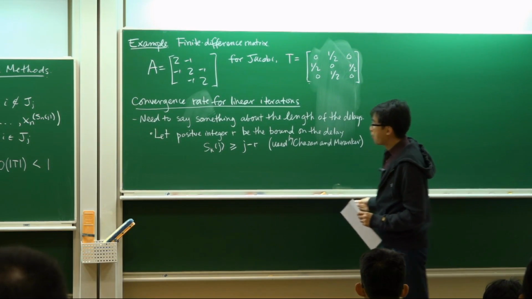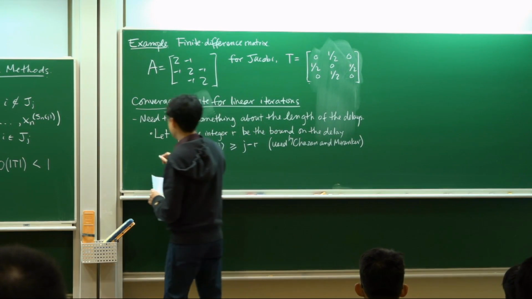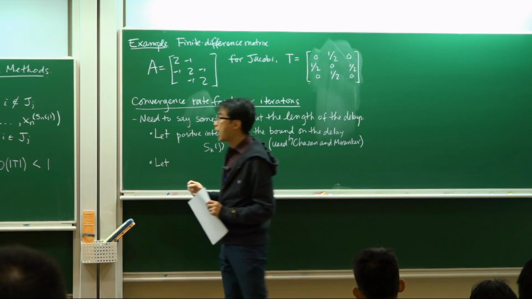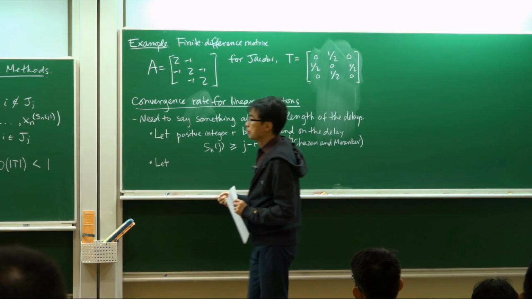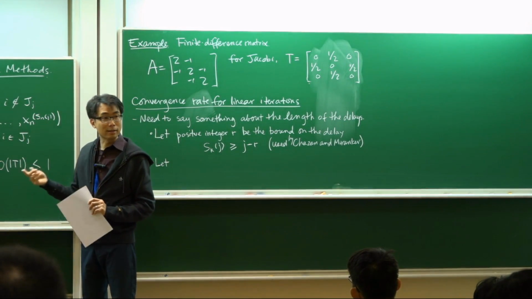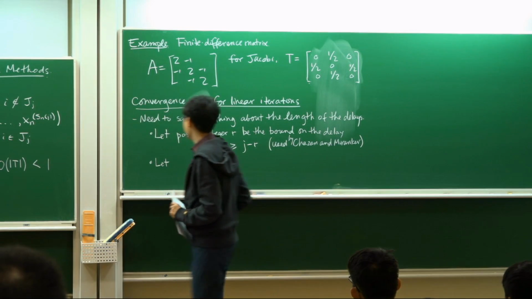Okay, so that's positive integer r, and then we also need to say something about how often elements are updated. If elements are updated very rarely, then convergence could also be very slow, right?